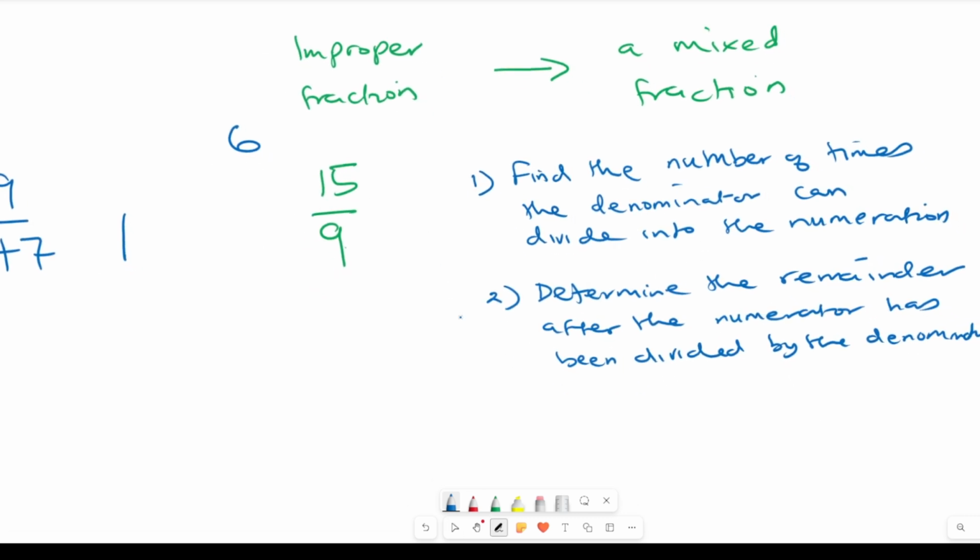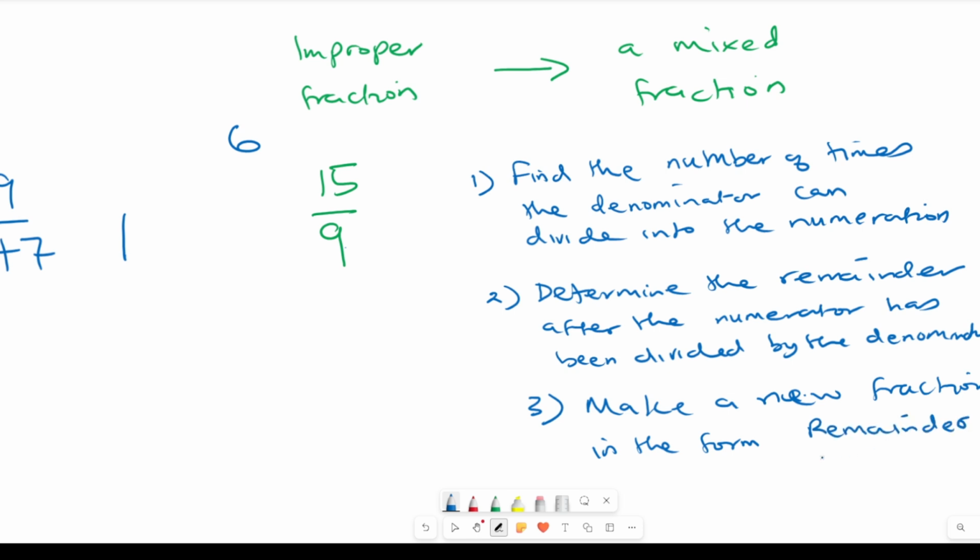So next, make a new fraction in the form remainder over original denominator.